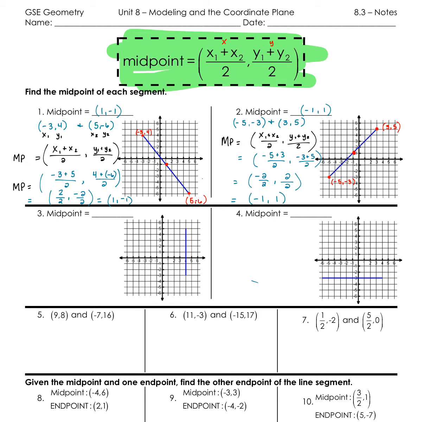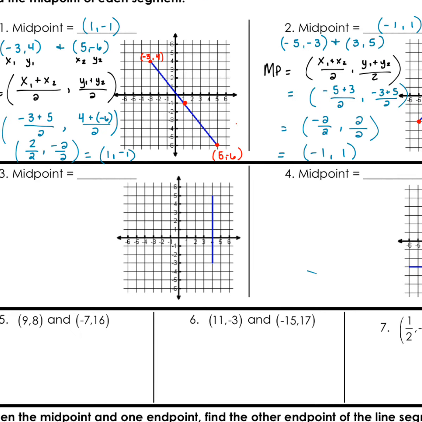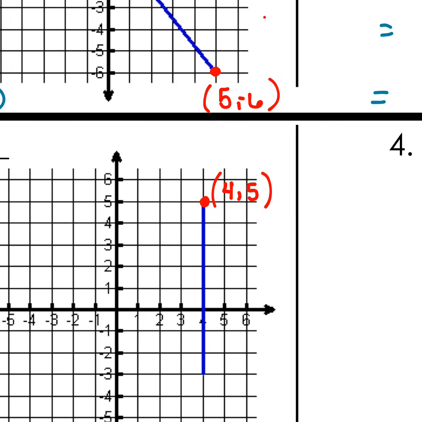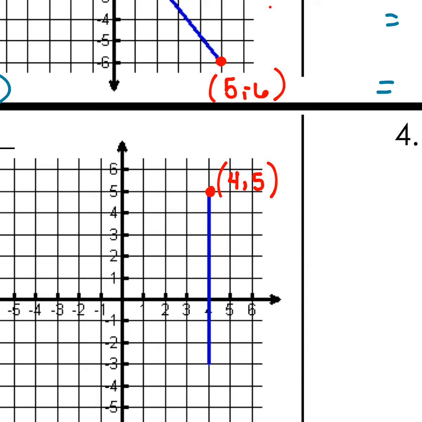So we got 2 more graphs that we can do. We don't really have a left or right, so we're just going to start; it doesn't matter where you start, again, it's a plus sign. So we've got 4, comma 5. Is that right? 4, 5, yeah.